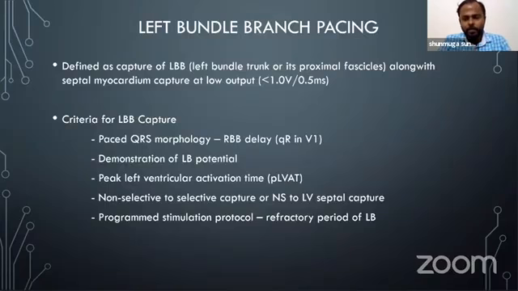So getting an RBBB delay pattern in the ECG is a must for demonstrating LBB capture. You must have a QR or RSR pattern in lead V1. That is a must. Apart from that, you have to demonstrate one of the other four following criteria.